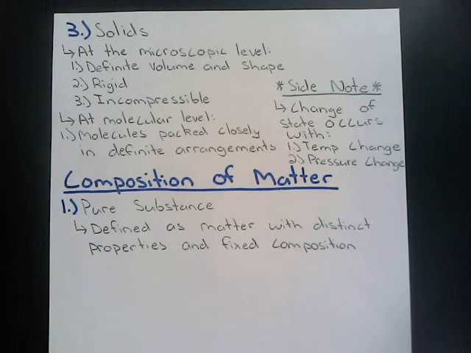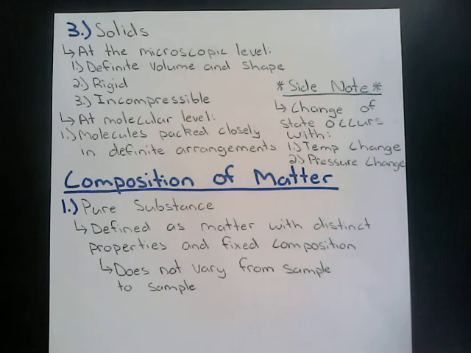And so some things associated with this definition of a pure substance is that a pure substance is not going to vary from sample to sample. So what that means is that if I have a pure substance in the classroom here, and I have that same pure substance at my house, that is going to have the same composition. It is not going to change just because I drove to my house and have that particular pure substance.